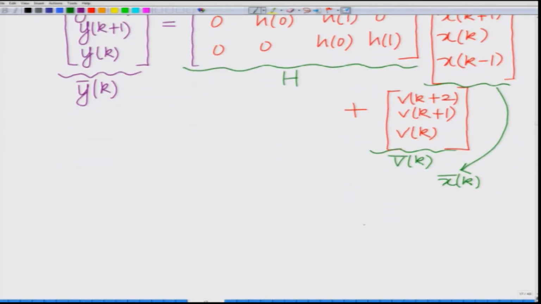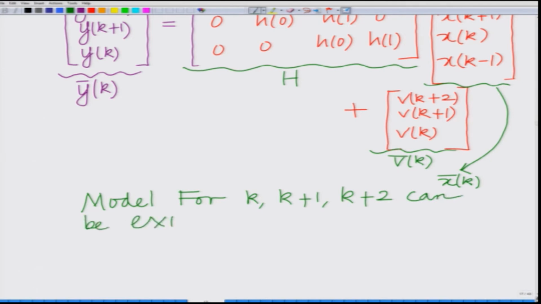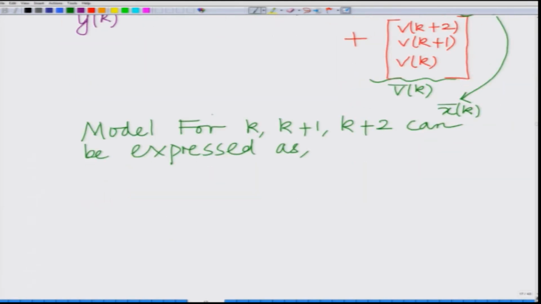So, the model for k, k plus 1, k plus 2 can be expressed as y bar k equals H times x bar k plus v bar k.